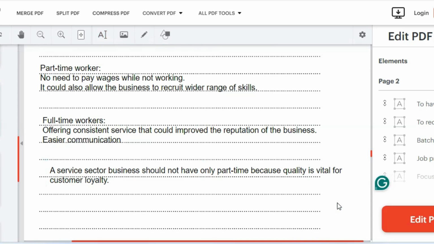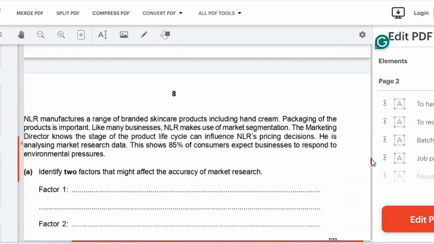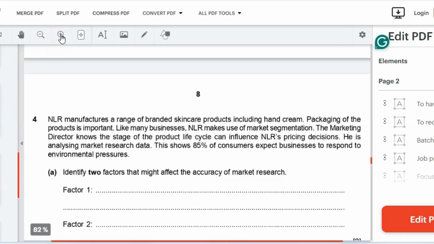Now, let us move to the next question. I think we have question 4 here. Let's read out this summary first. NLR, as the name implies, manufactures a range of branded skincare products, including hand cream. Packing of the product is important.